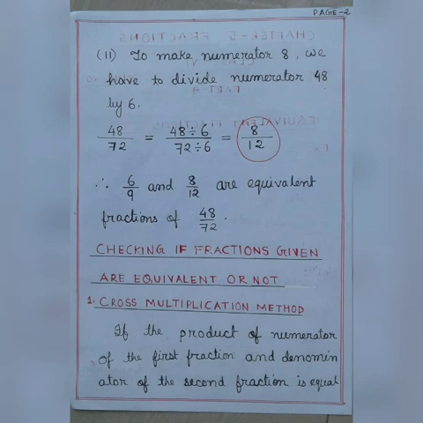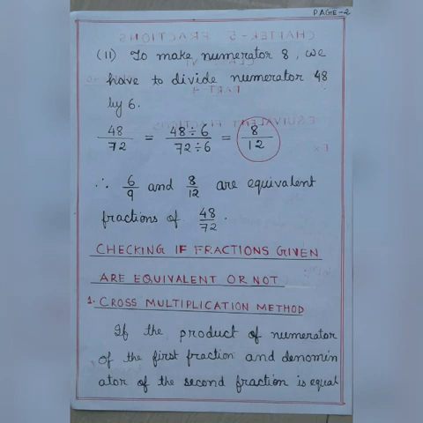If we divide denominator 72 by 6, we get 12, and if we divide the numerator 48 by 6, we get 8. Therefore, one equivalent fraction of 48 by 72 is 8 by 12. Therefore, 6 by 9 and 8 by 12 are equivalent fractions of 48 by 72.